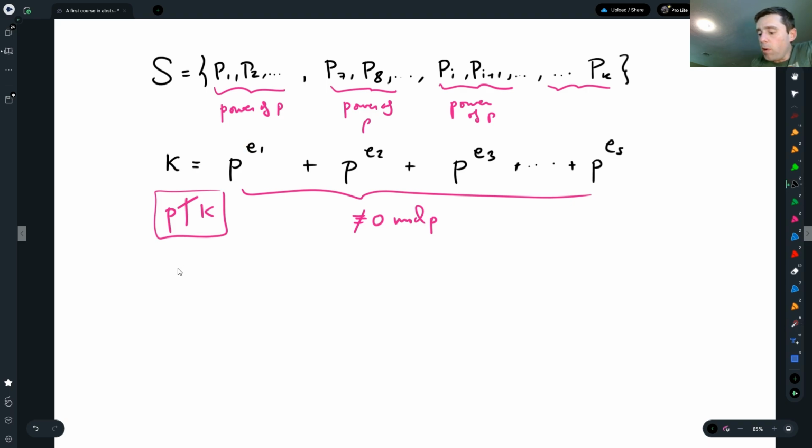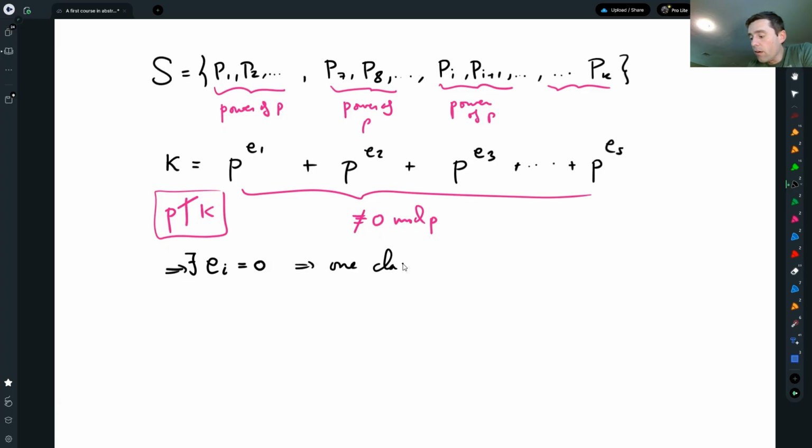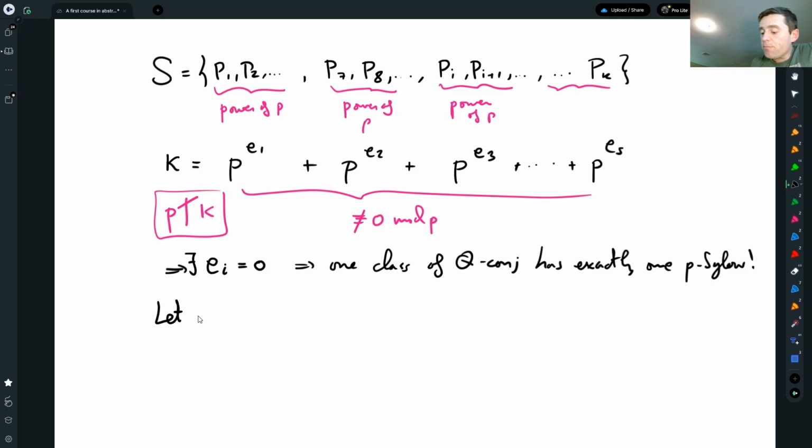So this implies that there is some ei which is exactly 0, so that there is one class of Q conjugates that has exactly one p-Sylow. So let's call that one Pj. Let that orbit under Q conjugation be, say, some Pj.